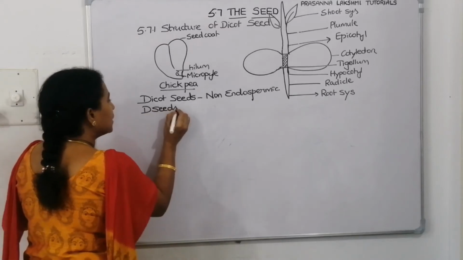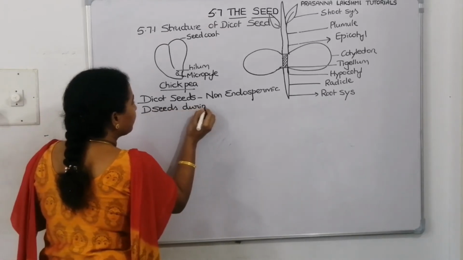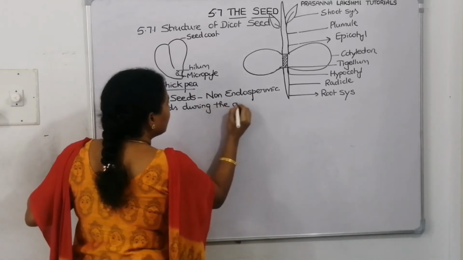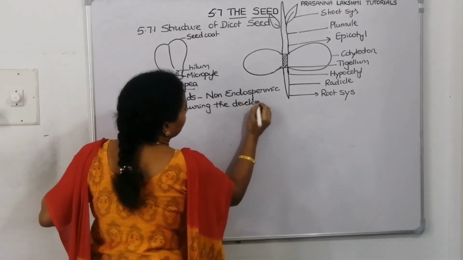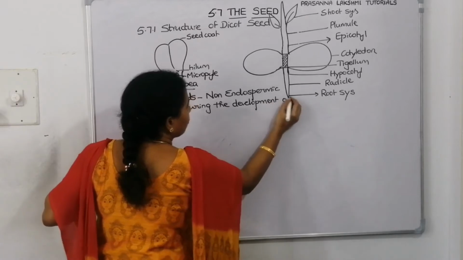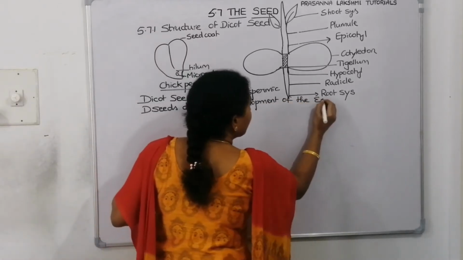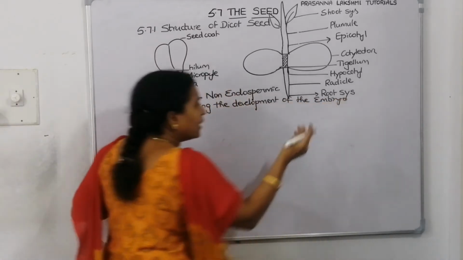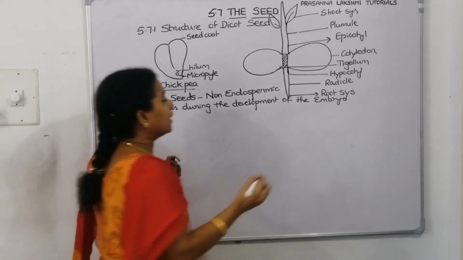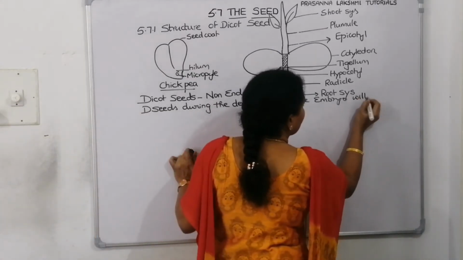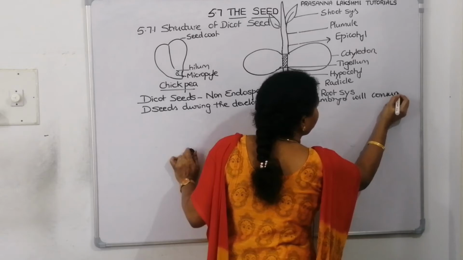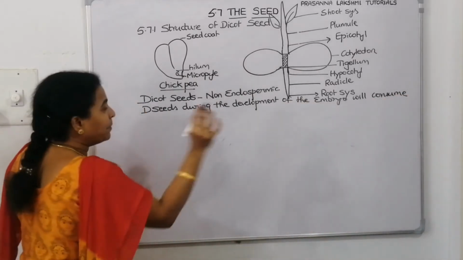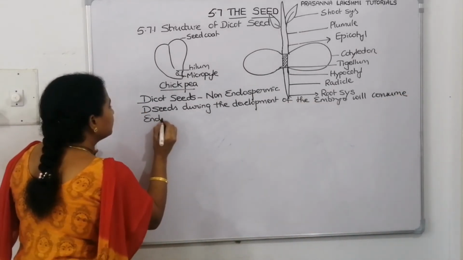Now they are non-endospermic, meaning the dicot seeds, during the development of the embryo, will completely consume the entire endosperm.